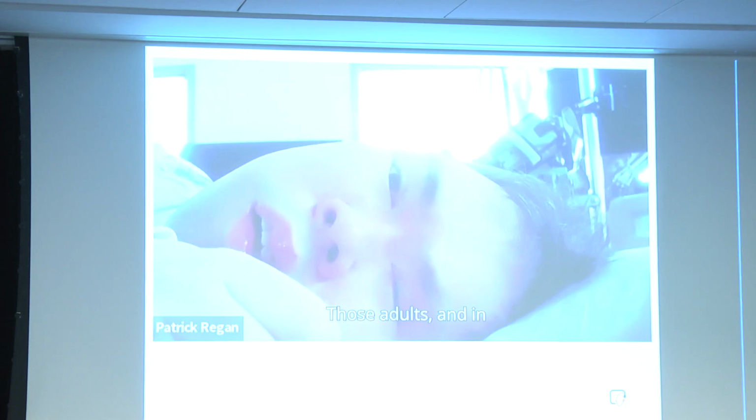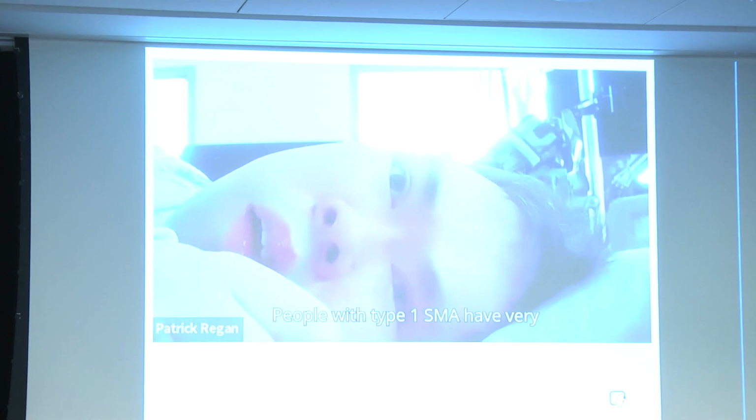Those adults, and in particular those who experience the most severe form of SMA, could benefit from brain interface control of their speech devices. People with type 1 SMA have very little movement except for their eyes. I think that brain interface would change their lives for the better.